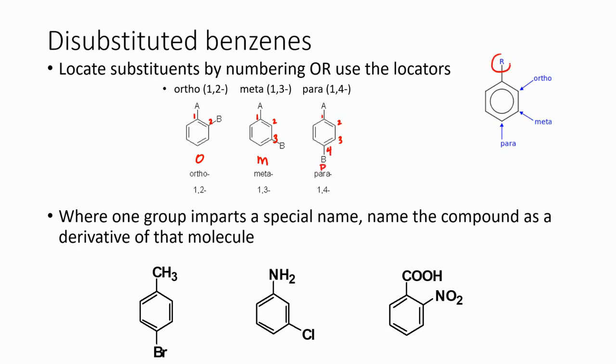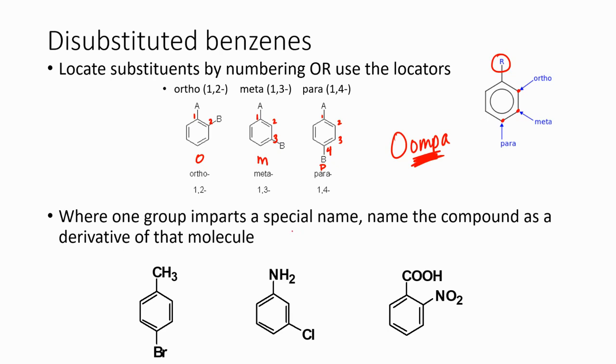So if we have an R group here, the second position is ortho, the third is meta, and the fourth is para. I remember this by thinking of the Oompa Loompas from Charlie and the Chocolate Factory, and their name is spelled with 2 O's, but the middle of it is OMP, and so that helps me remember the order of ortho, meta, and then para with the Oompa Loompas.